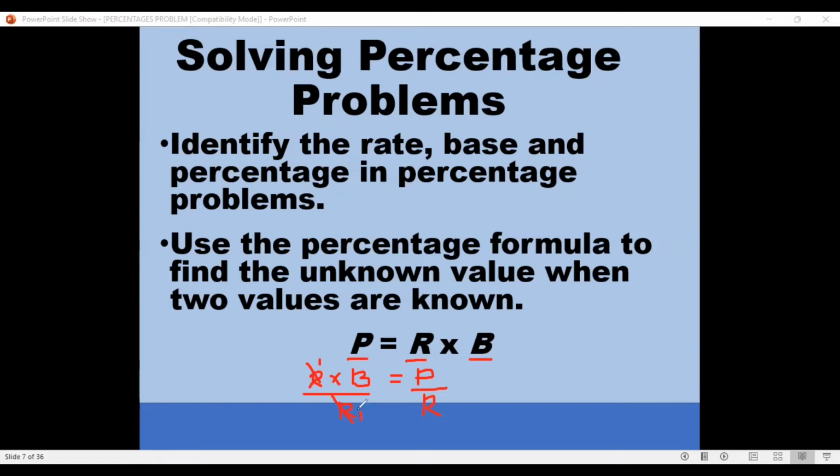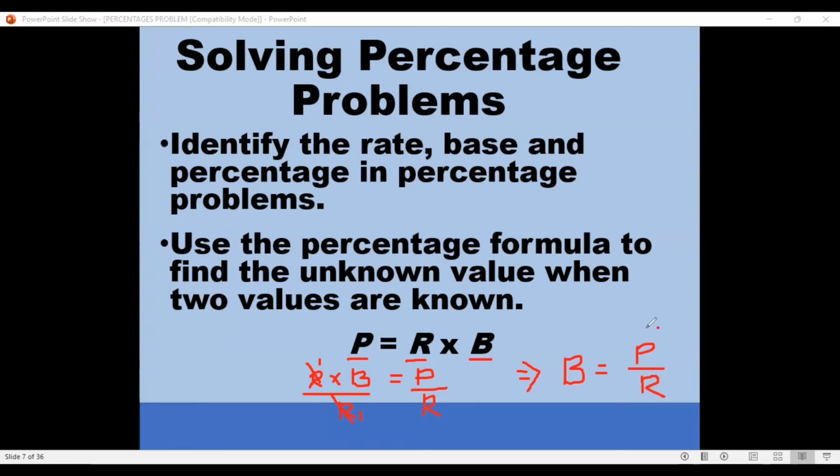And 1 multiplied by any number results in that number. So 1 times B is equal to P. Therefore, the formula you arrive at is B equals the percentage all over the rate.